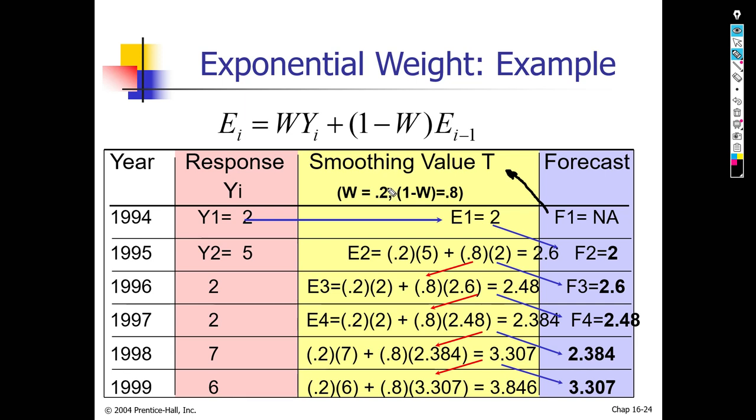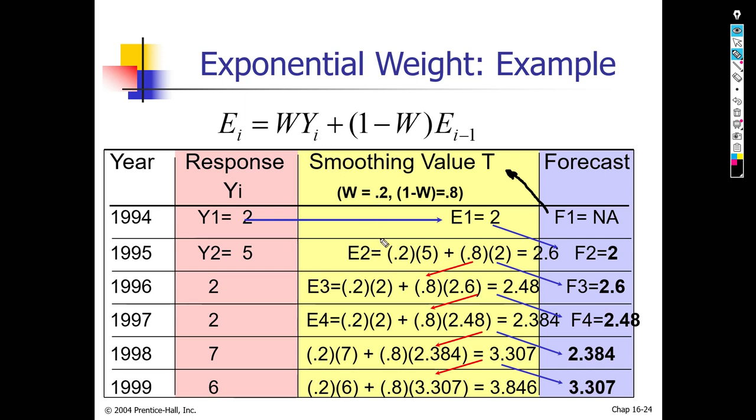So for this case, I set W to 0.2, and of course 1 minus W is 1 minus 0.2, which is 0.8. So I give more importance to the previous value and less importance to the current value. As I said just now, E1 refers to Y1 and for E2, we apply this formula.